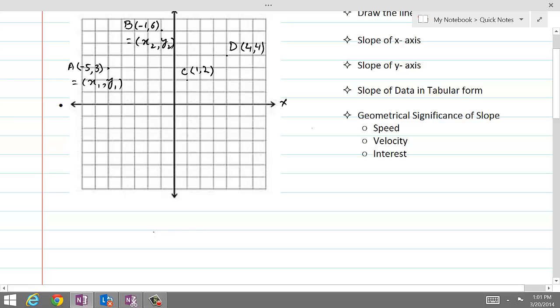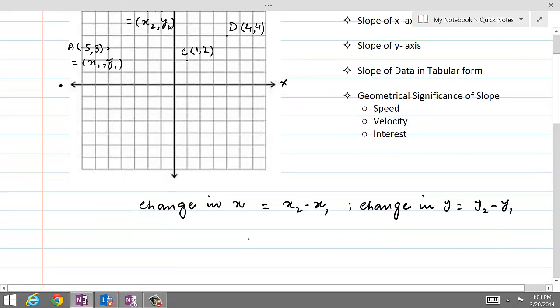The change in x is x2 minus x1, and the change in y is y2 minus y1.